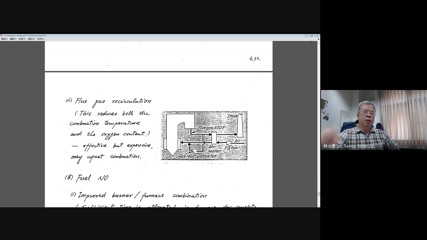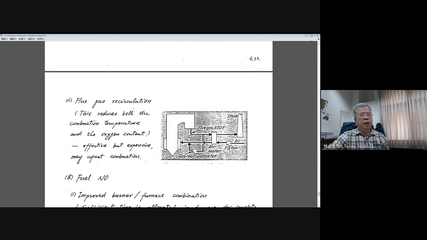When put into your combustion chamber, it can help control the combustion temperature, and it will be very effective against NOx formation.